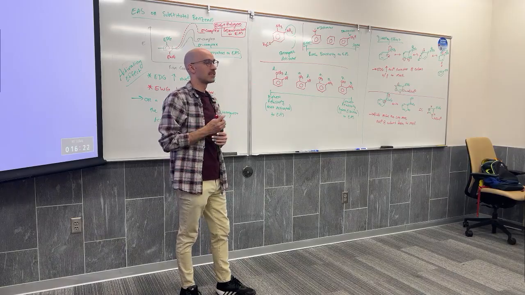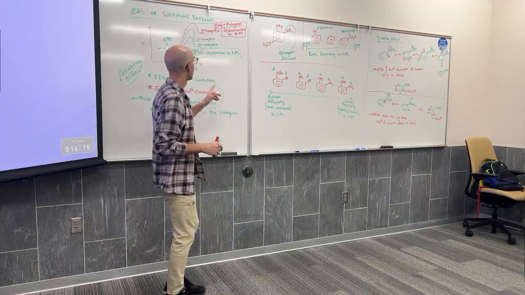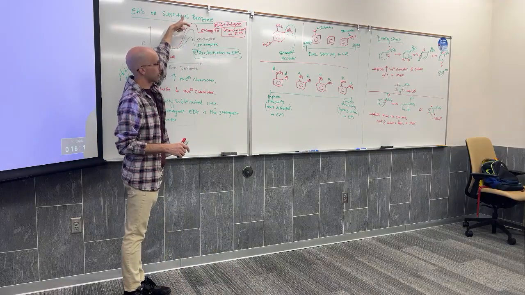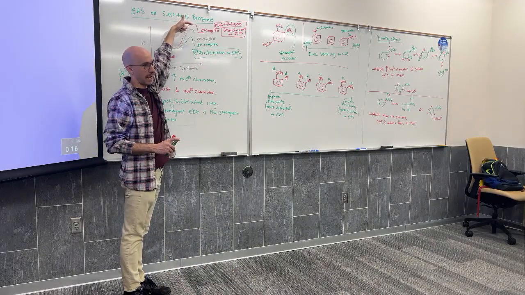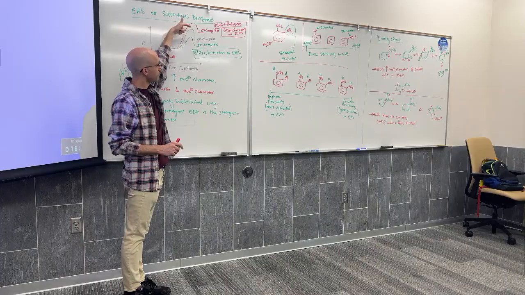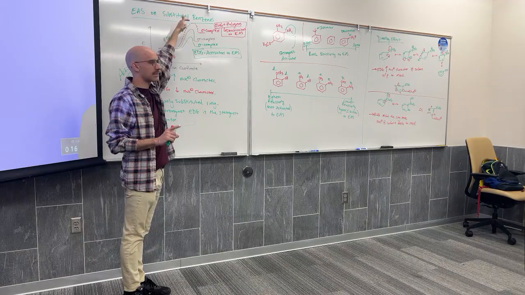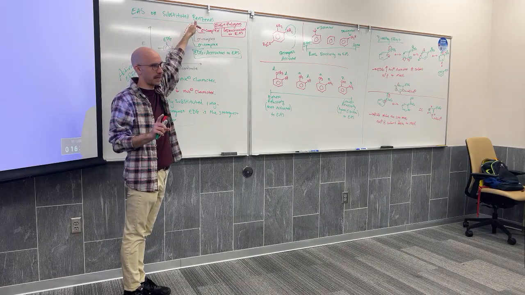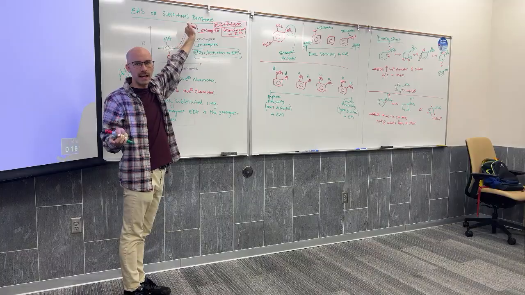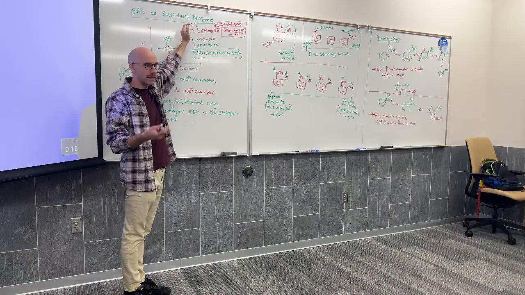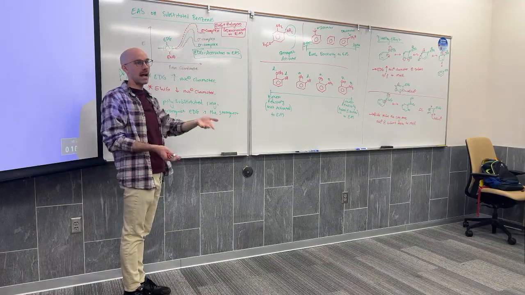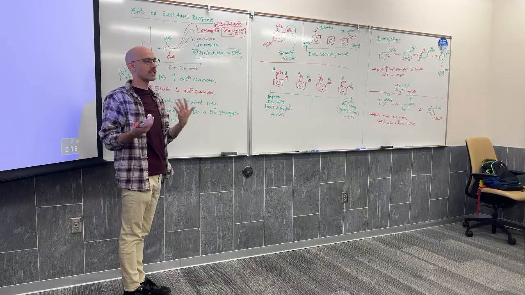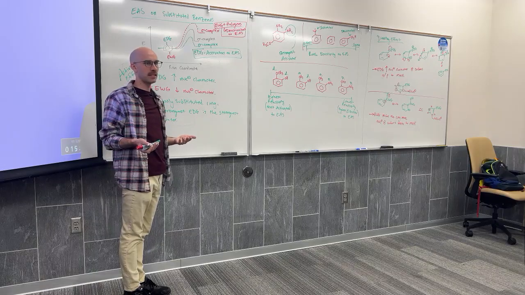Exactly. So electron withdrawing groups do make it more challenging for the ring to react. But that doesn't mean it's impossible for the ring to react. Those of you that are in lab, last week you ran nitration, which had an electron withdrawing group. Was it impossible for the reaction to proceed?